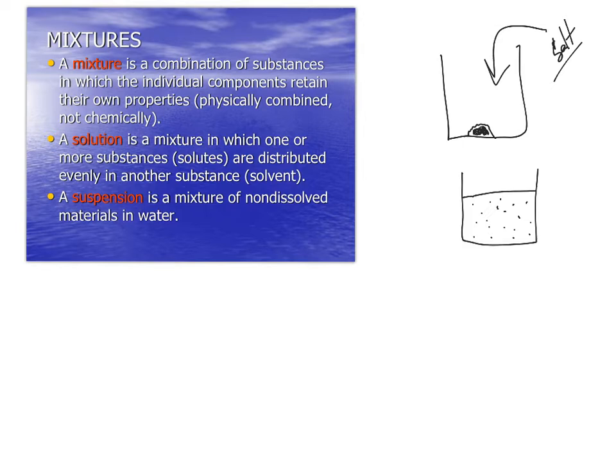All right, a solution is an example of a mixture. So here we talked about salt and pepper, and that's when you distribute evenly. A solution is when you've evenly distributed all the solutes, all the components. The components of a mixture, that means the parts of a mixture, are the solute, right?